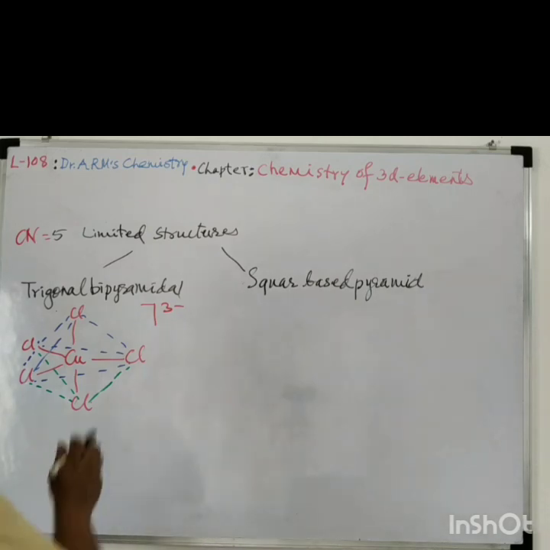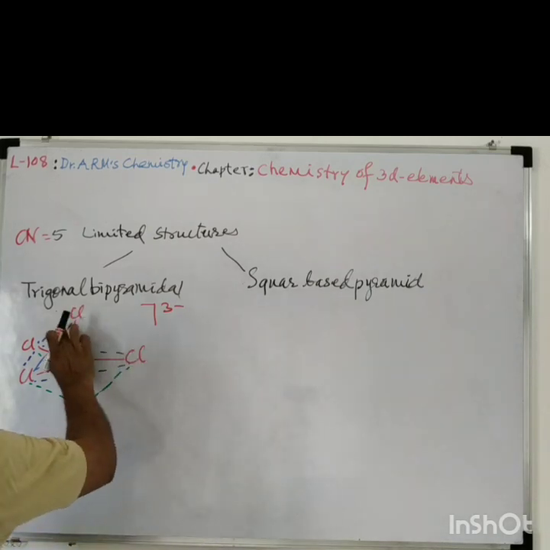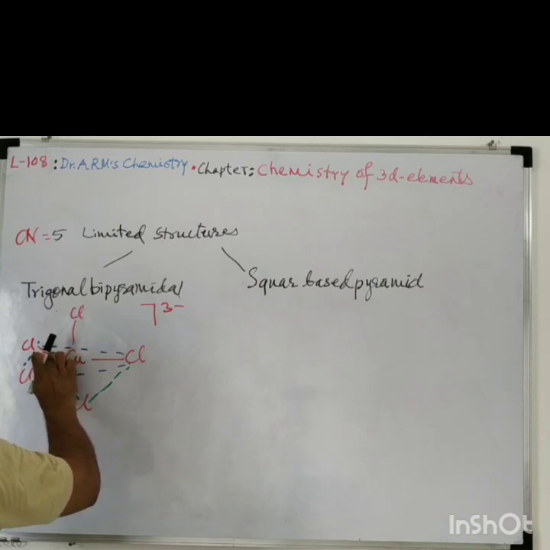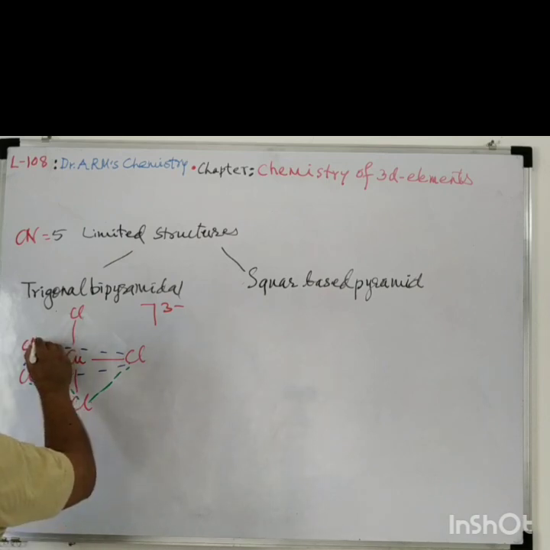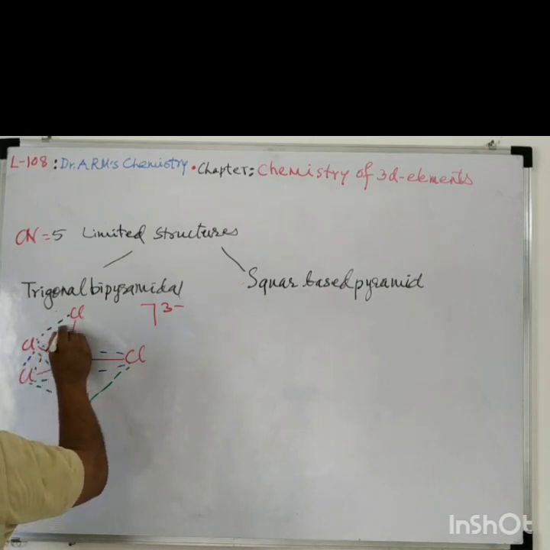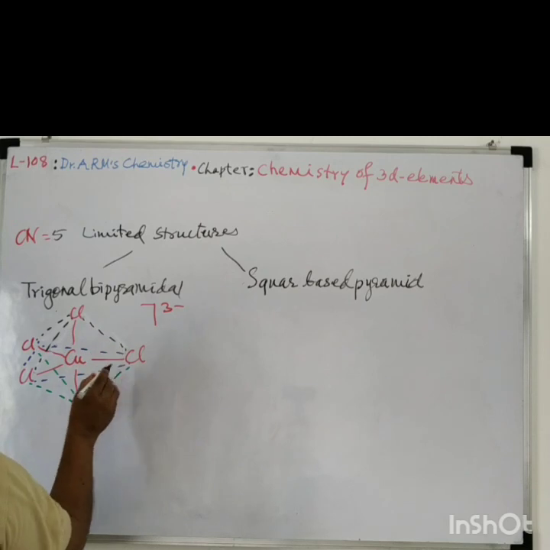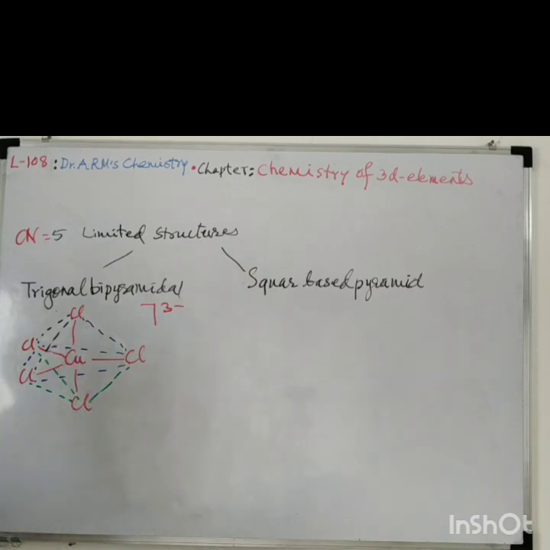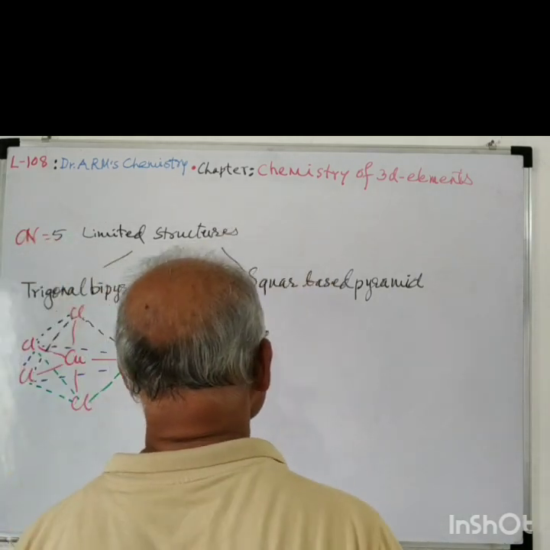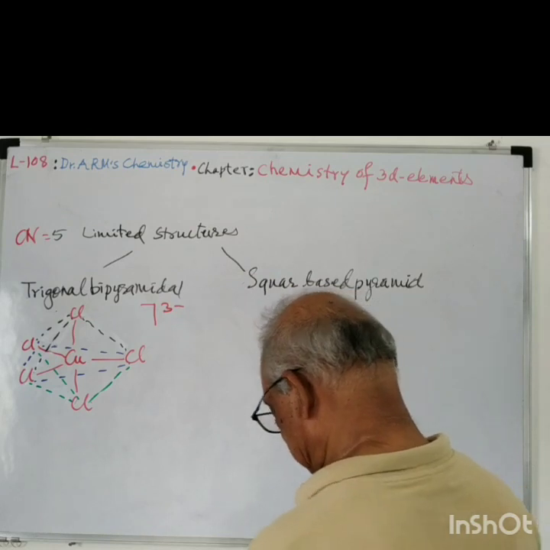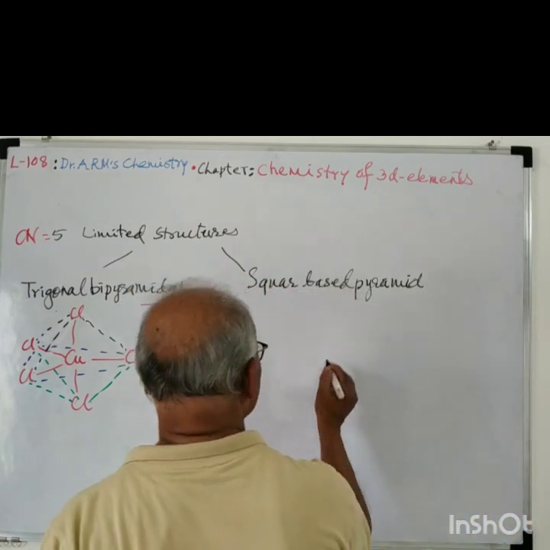So we can have this type of arrangement. It is trigonal bipyramidal, and this is square based pyramidal, like this.